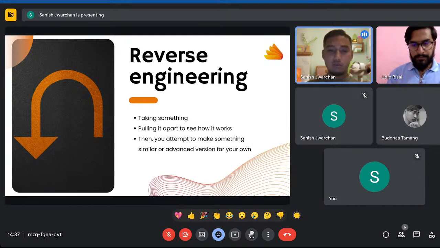Like a toy car, you're breaking it down, then you're reassembling it, okay? Similar concept. Then thirdly, you're attempting to make something similar or an advanced version of your own, right? Really simple concept, reverse engineering. Taking something, pulling it apart, and then attempting to make something similar or something even better, yeah?